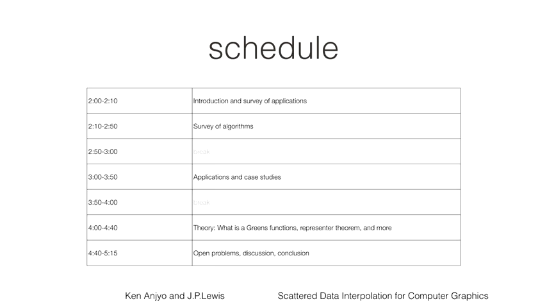Then we will go more in depth on some applications of scattered interpolation. Then we'll take another break and come back and talk about some of the deeper theory. So the relationship between radial basis functions and Laplacian stuff, and also how to motivate all of this through something called RKHS, reproducing kernel Hilbert spaces. And then we'll wrap up.